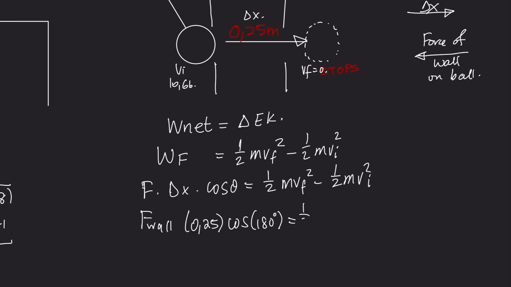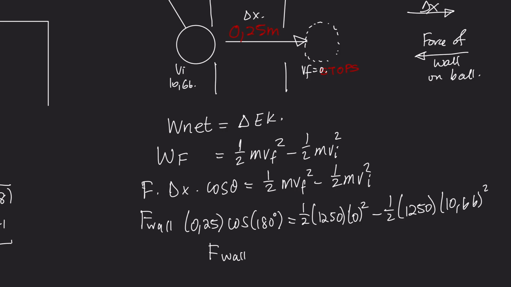That's equal to half 1250, VF is 0 squared, minus half 1250, VI we worked out as 10,66 squared. The only thing we don't know now is the force. We can solve it. The force of the wall on the ball is therefore going to equal 284,089 newtons.